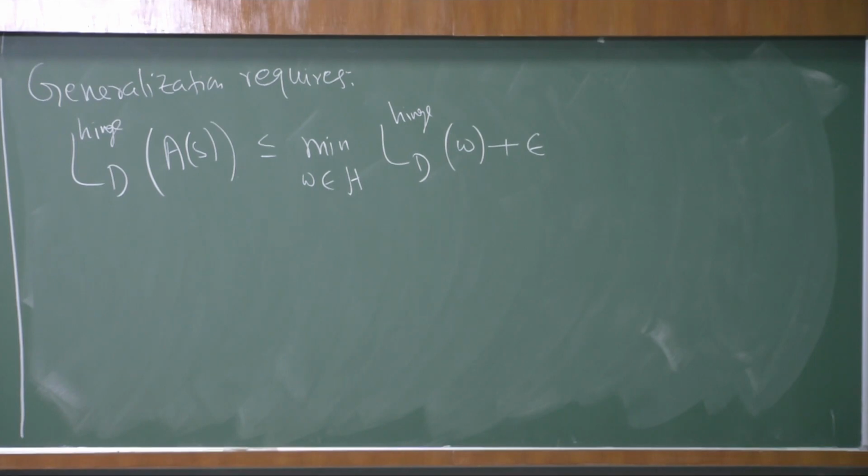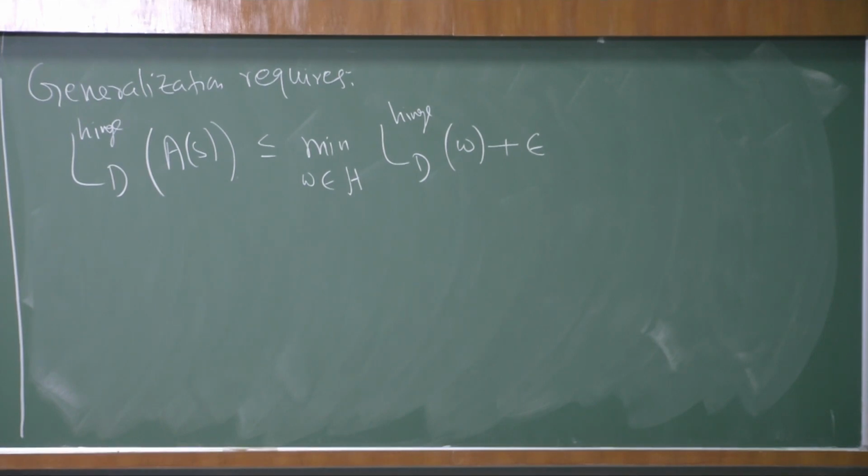So the training error is not far from the ideal error, and we want that after we have introduced the hinge loss, the hinge loss also generalizes in general, for the test data and so on. This is the expectation.